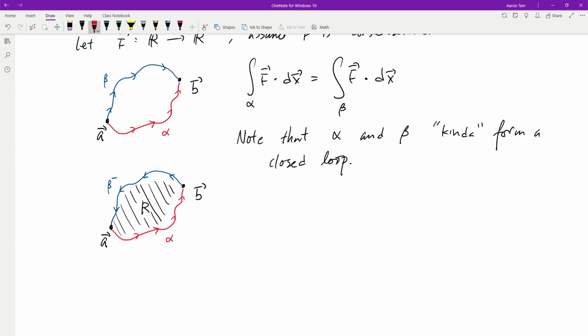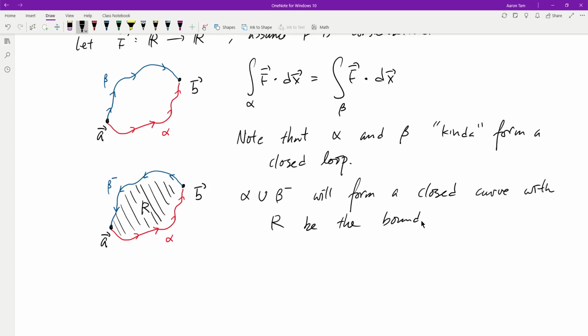So this implies that alpha union beta negative forms a closed loop or closed curve, with R being the bounded region.